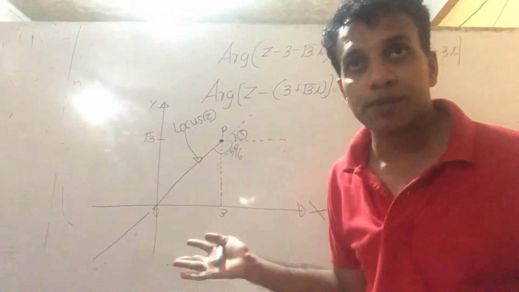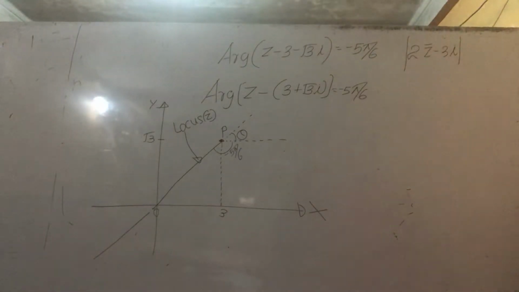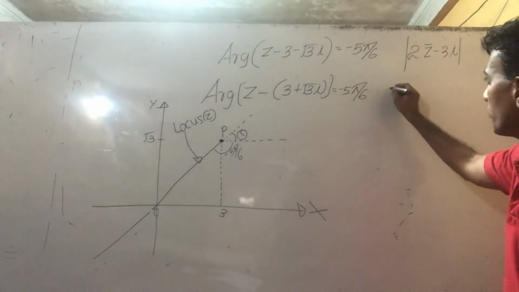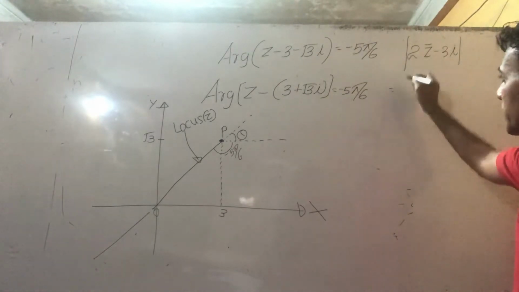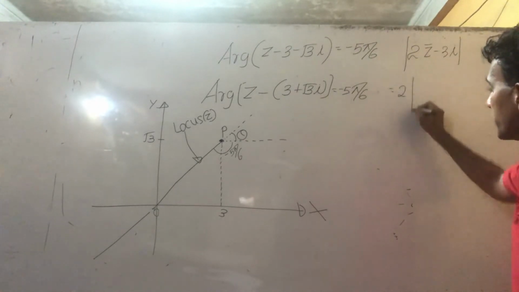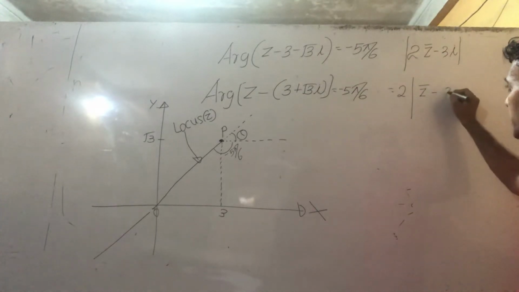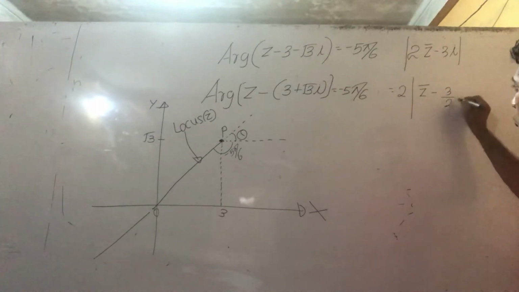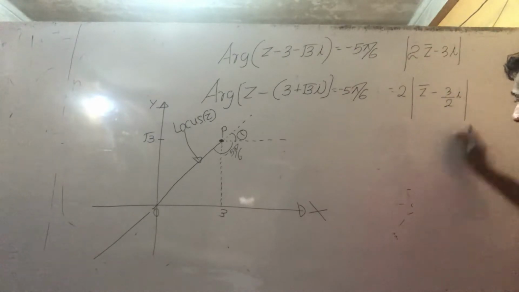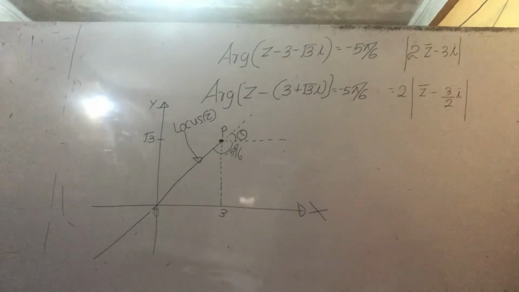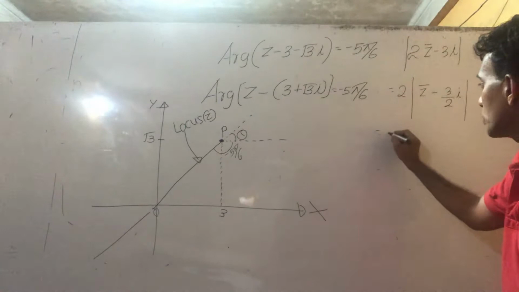We don't know what z bar is. So see the method. I will simplify this modulus. Take the 2 out: 2 times |z bar minus 3 over 2i|.